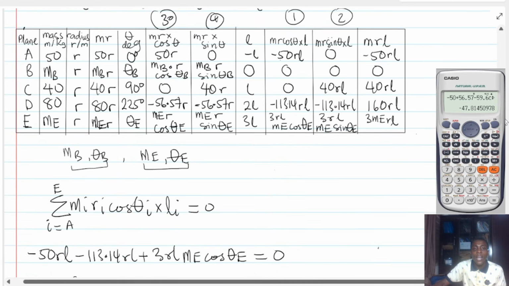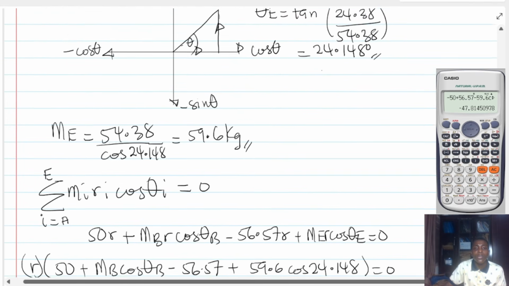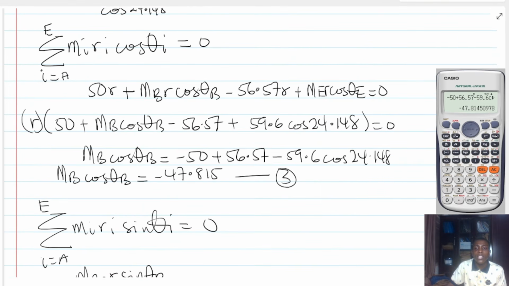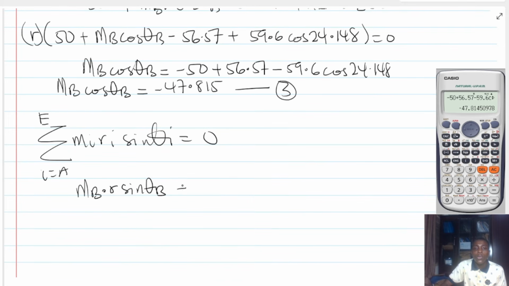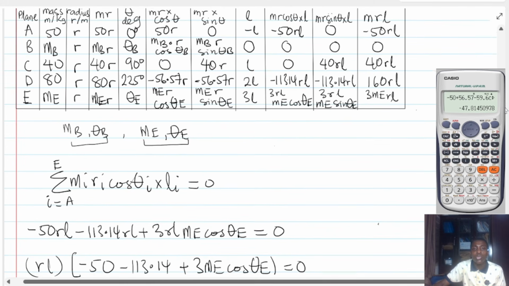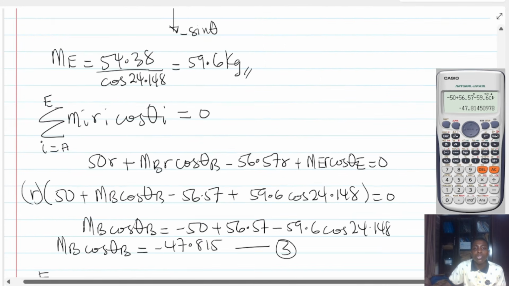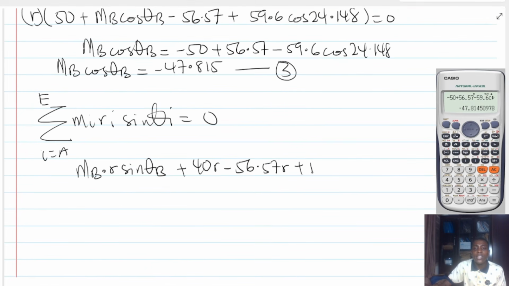And then I will come and add it to 40R minus 56.57R. And then finally, I'm going to add it to MER sine theta E. So it's going to be plus MER sine theta E should be 0.